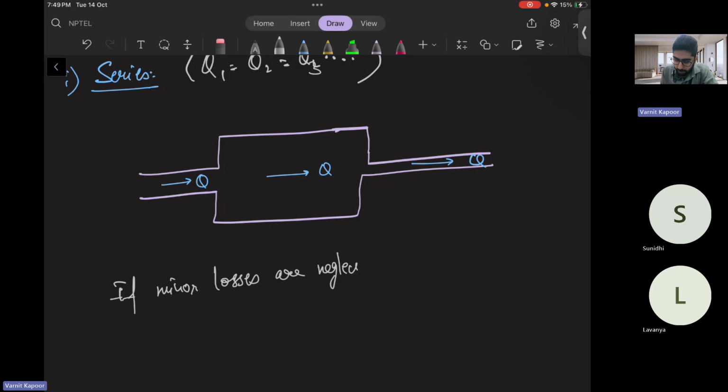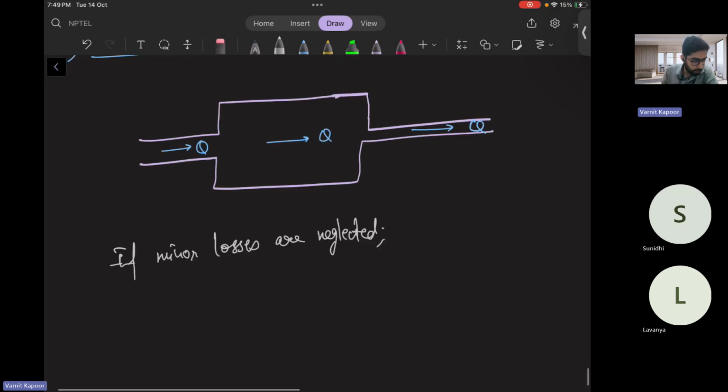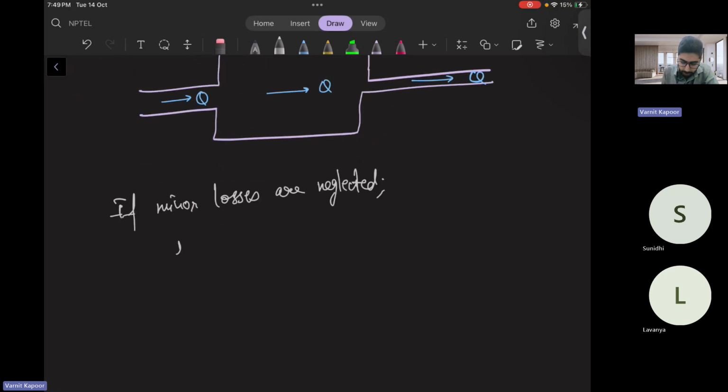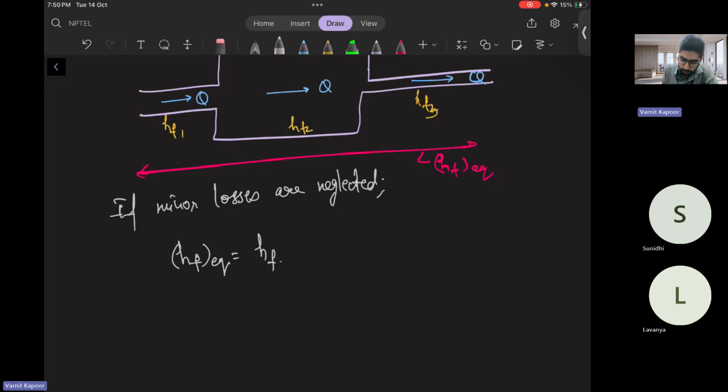My HF equivalent for this whole pipe: each section has HF1, head loss in pipe 2, head loss in pipe 3, and so on.